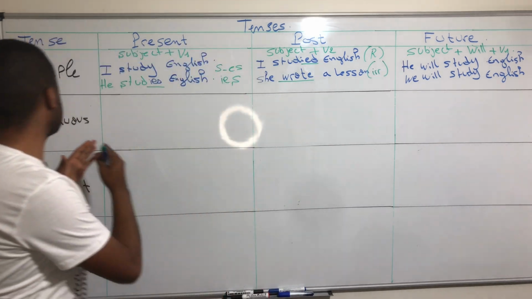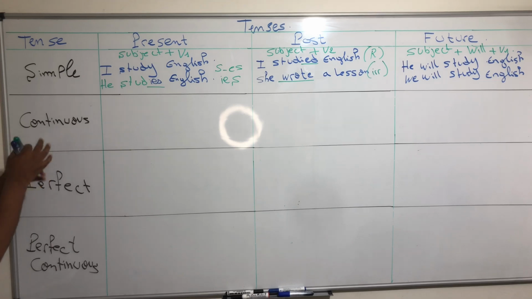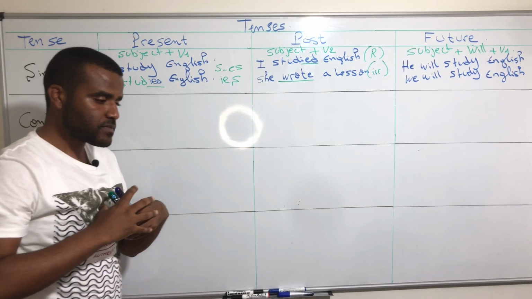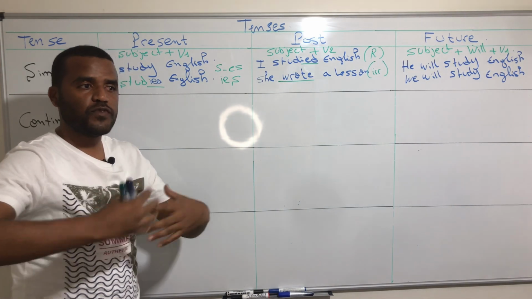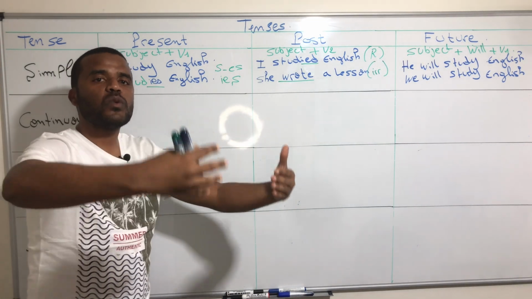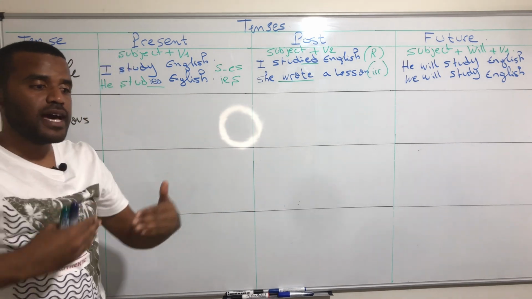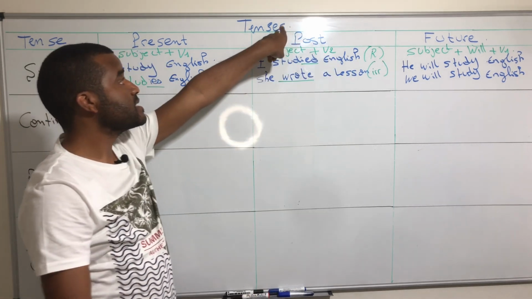Good. So we move to the continuous form, present continuous. We use it if we want to talk about something happening right now, at this moment. For example, right now I am explaining tenses.